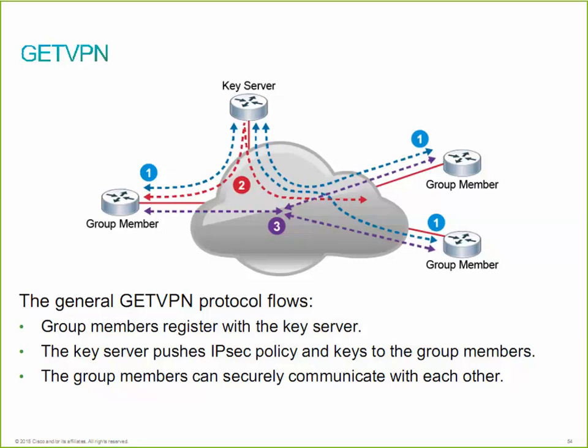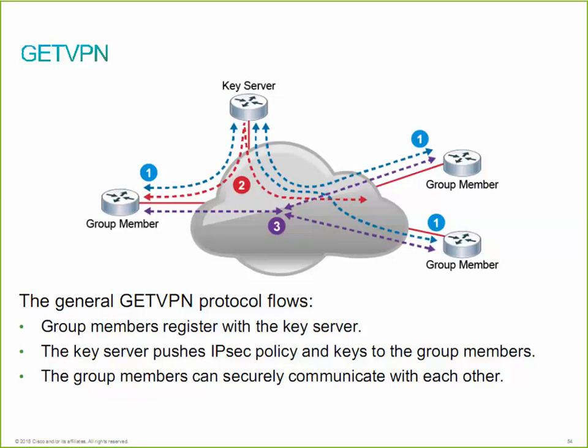What the key server does is distribute keys and policies to all of the registered and authenticated group members. It does this by distributing keys and policies from a centralized point in the network, and it shares group SAs with the authenticated group members.